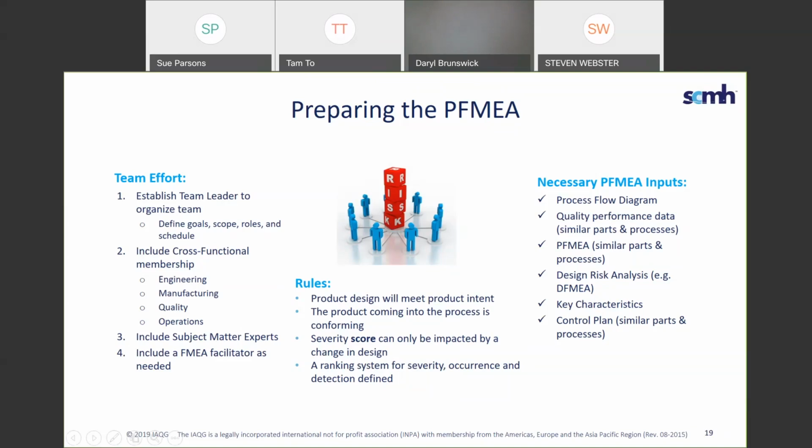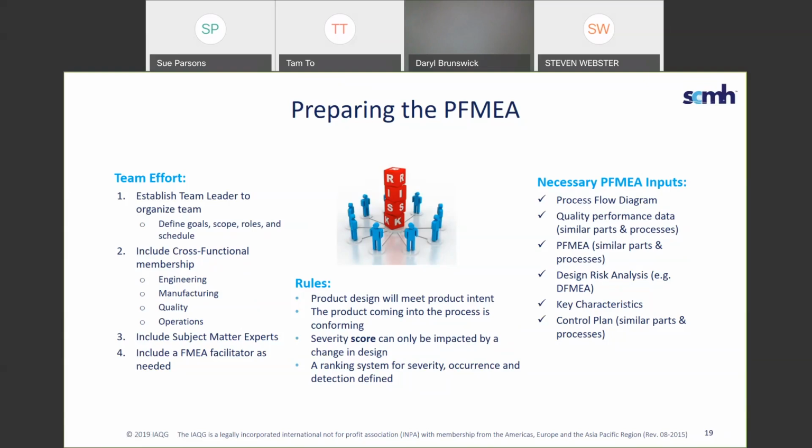You want to move the PFMEA along. You don't want it to stagnate the process, but you have to take time and do it right. To sit down and do these at one time, typically that doesn't happen. You're going to have to come back to it and look at it. Who should be in the cross-functional team? Engineering, manufacturing, quality, operations, and you do have extended team members as needed.